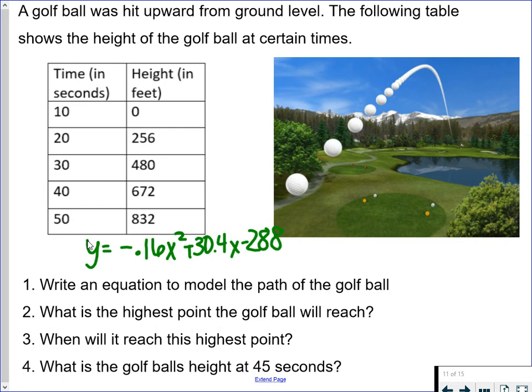So let me change it real quick. I see my top of the parabola, which is also my maximum. And they ask us, what is the highest point? So let's go ahead and find our maximum. Go to second calc. Go to maximum.